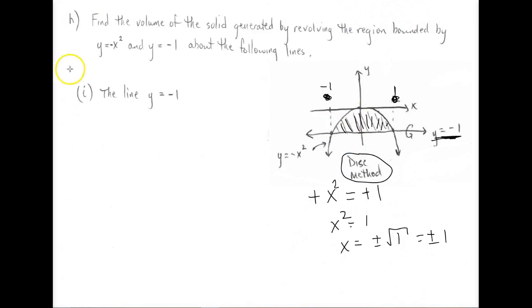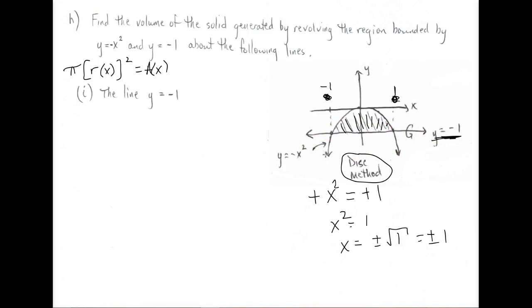And since we're using the disk method, we know that our area is going to be defined as pi times the radius in terms of x quantity squared. We're going to be defining the area in terms of x and thus integrating in terms of x, because we are rotating this area about a horizontal line.